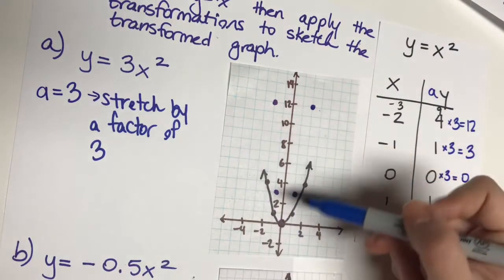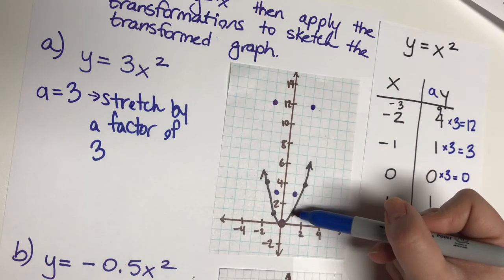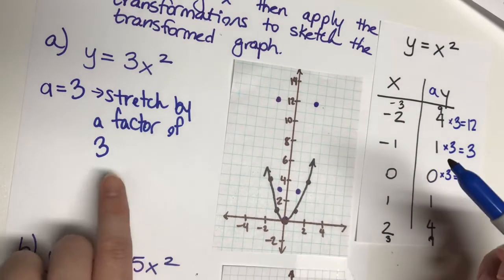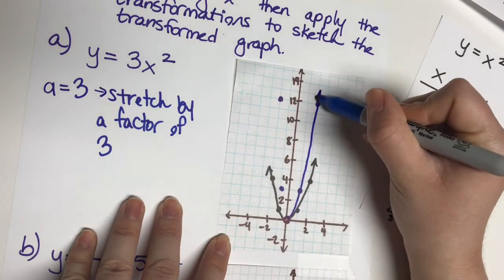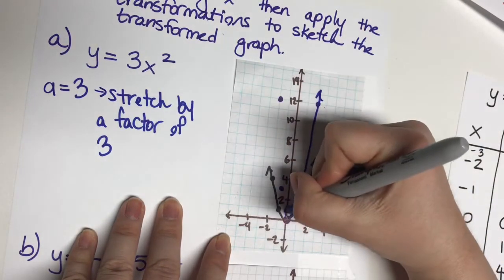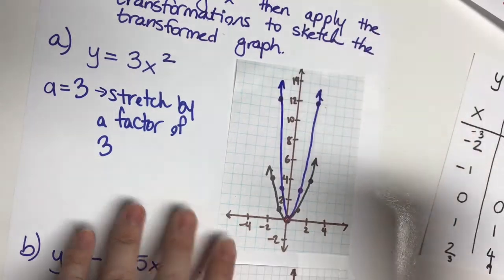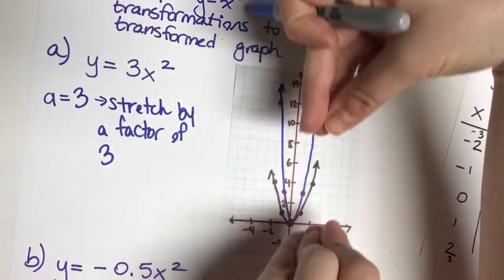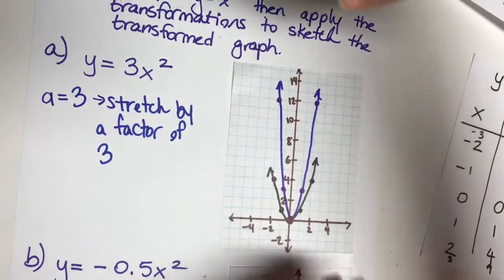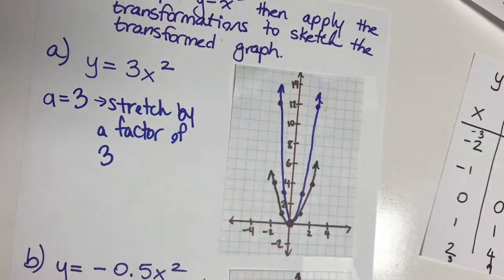It's just I've taken all of the y values and I've increased them by multiplying them by 3. So when I connect the dots, this is what we mean by stretch. Do you see how it's stretched out like this and made thinner going up this way? And that's it. That's how you do a stretch.